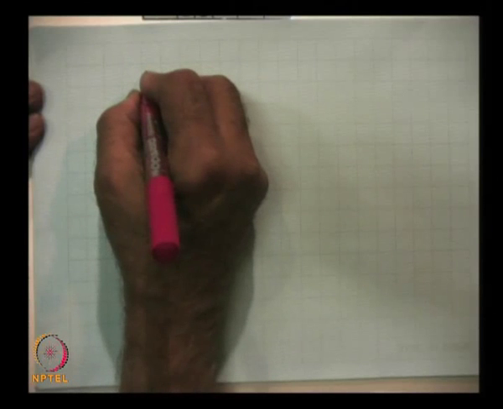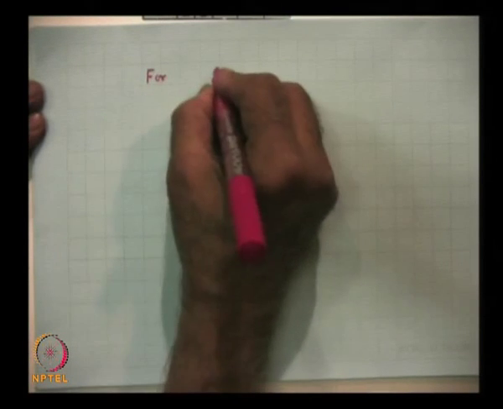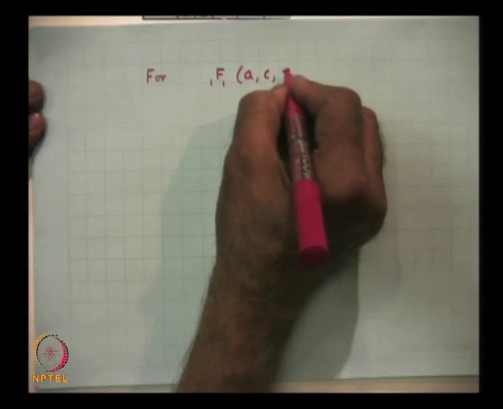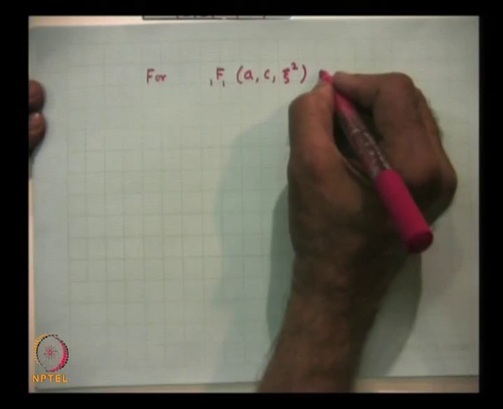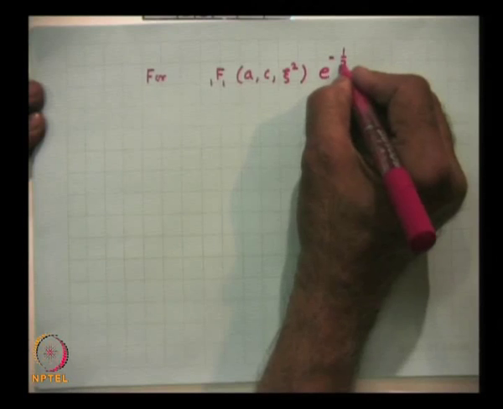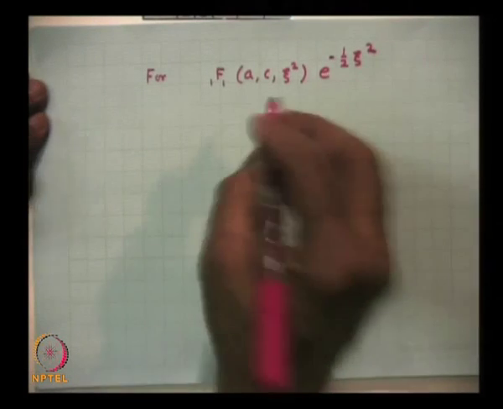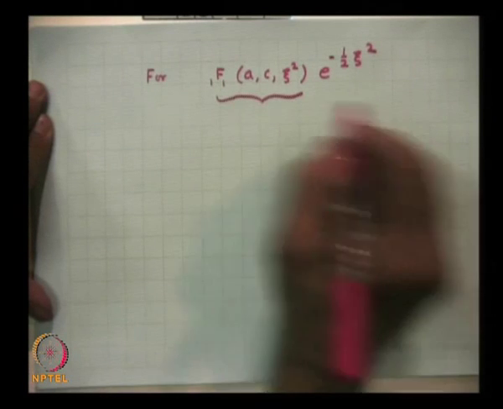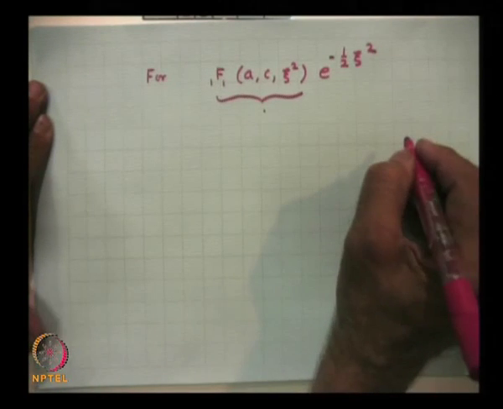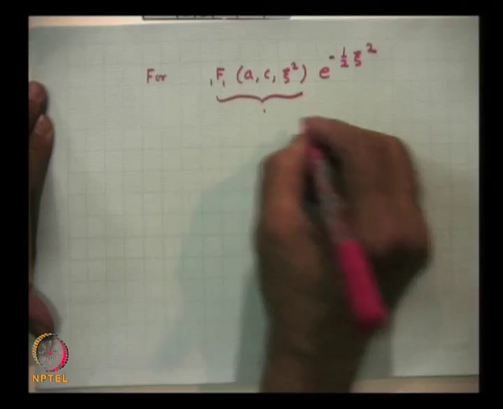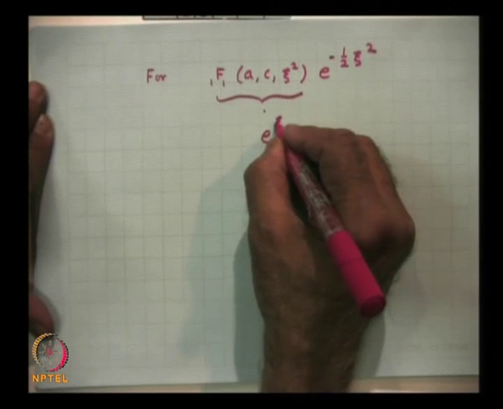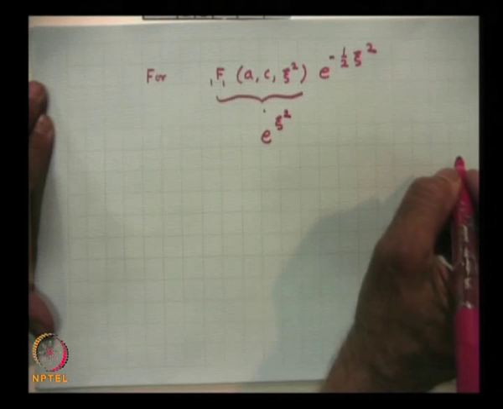for this function, that is for F11 a comma c comma xi square multiplied by e to the power of minus half xi square, let me repeat what I have just now said. If this infinite series is not terminated, then it will behave as e to the power of xi square for large values of xi.